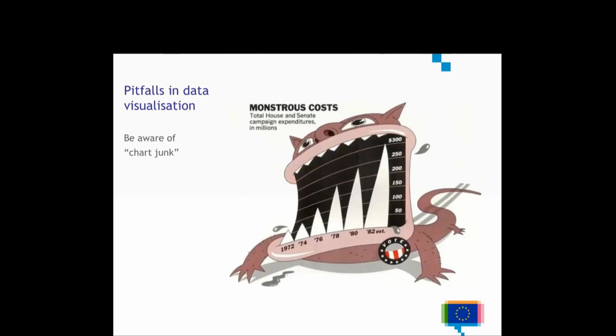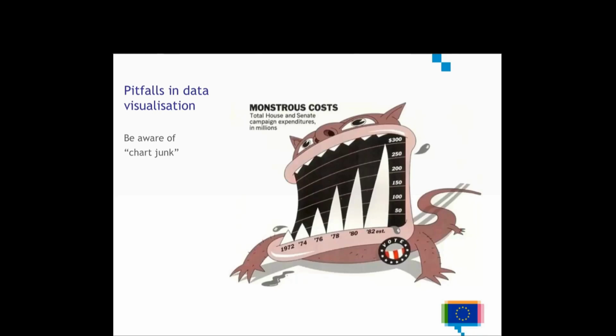What you are looking at is one of the examples that Tufte uses in his books. And he says that this is a bad chart because it has a lot of chart junk. There are a lot of things that draw the attention of the reader away from the data. And it's actually not so easy to read data from this chart.